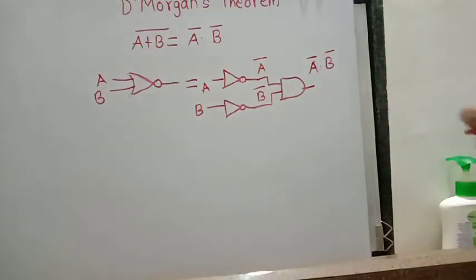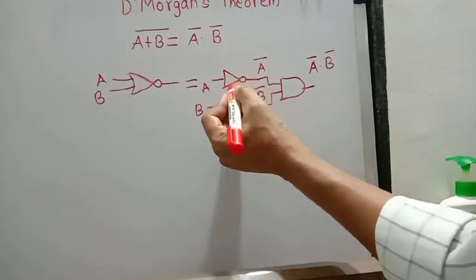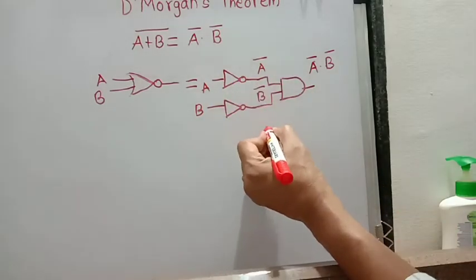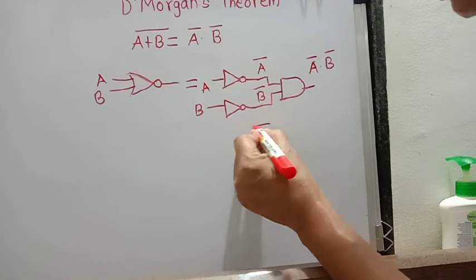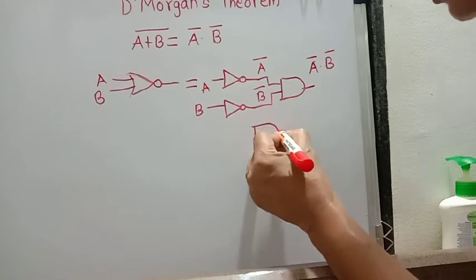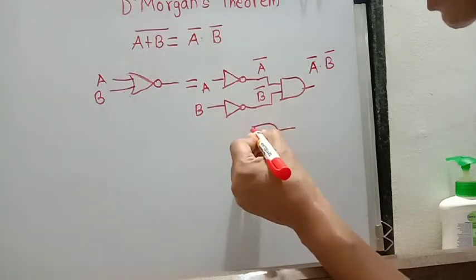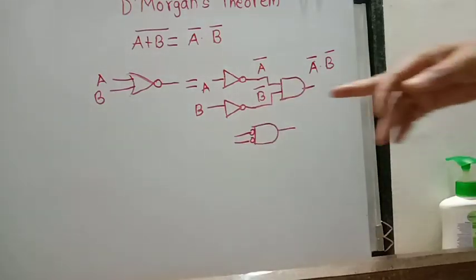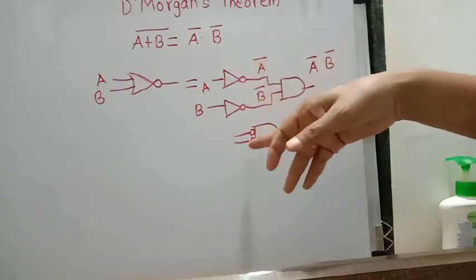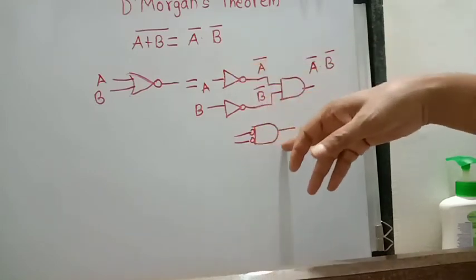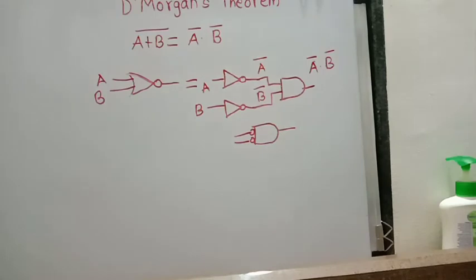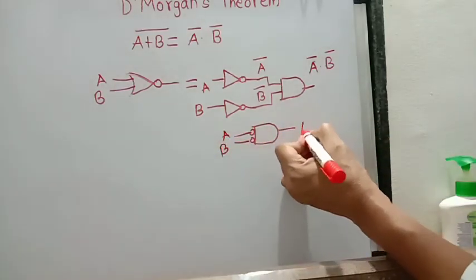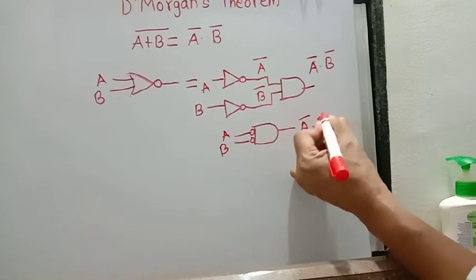Now see, instead of these two NOT gates, we can also write like this. These are the inputs A and B, and Y is equal to A bar dot B bar.